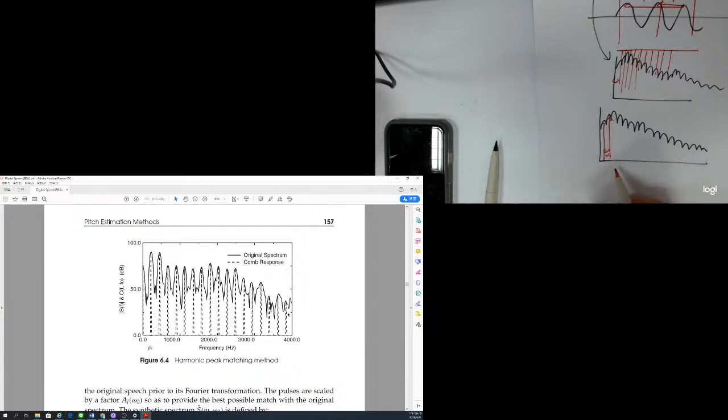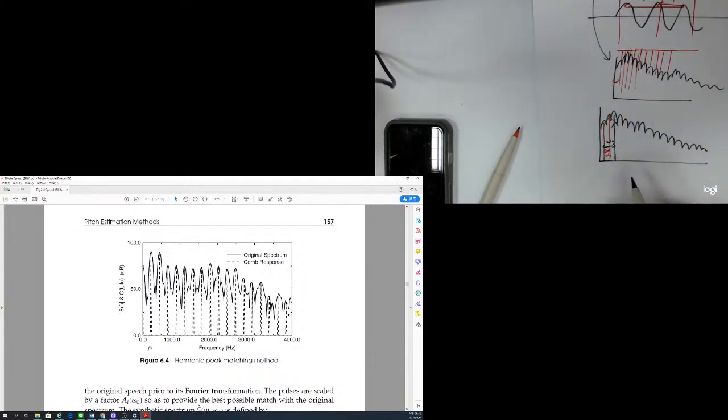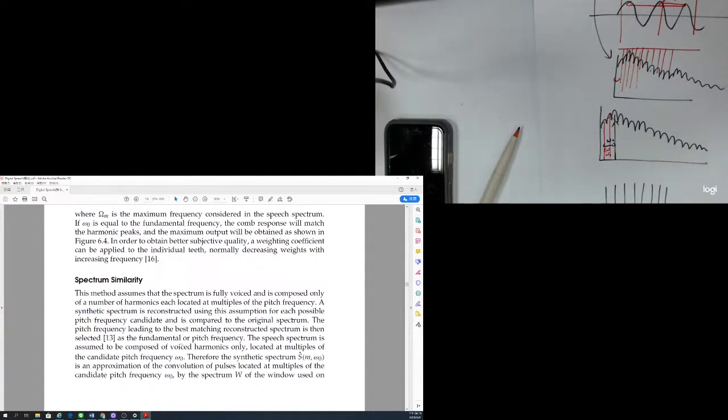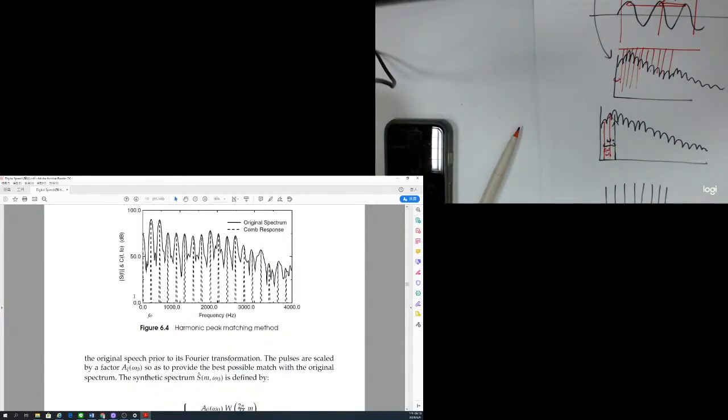With different omega 0, sometimes we can use a bigger one, sometimes a different one, trying to make it look like the comb. This looks like your comb filter, so we call this a comb filter.